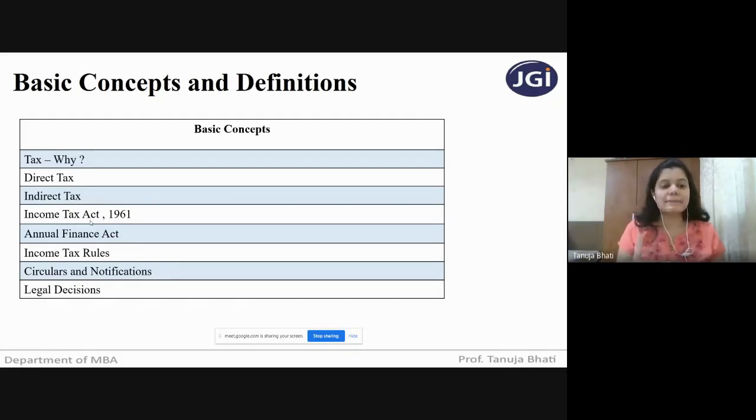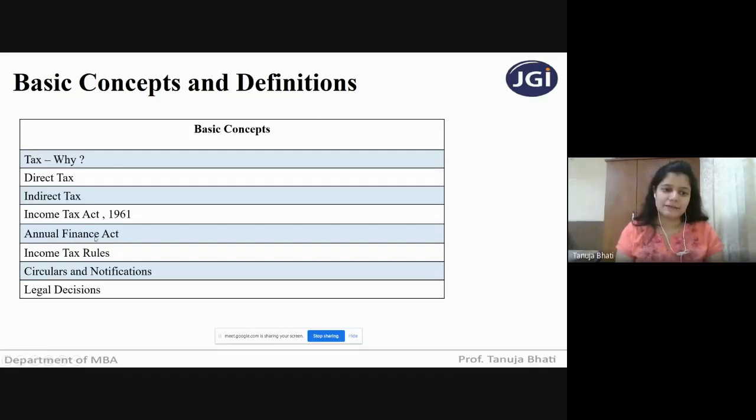Like how the income tax has to be calculated, what all falls under income tax, what all are the different provisions that have to be applied while calculating the income. So this act is nothing but a complete set of rules, provisions, all explanations, subsections, sections, which is going to help you to understand how to calculate the income.